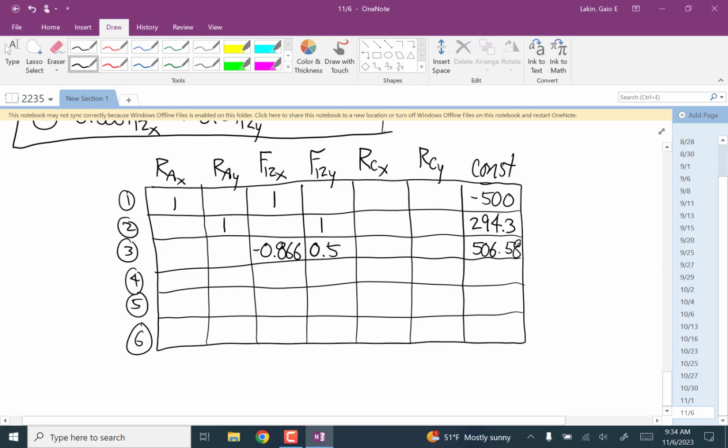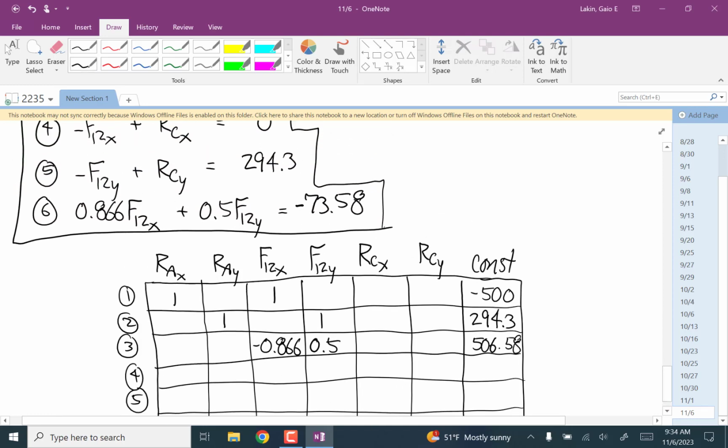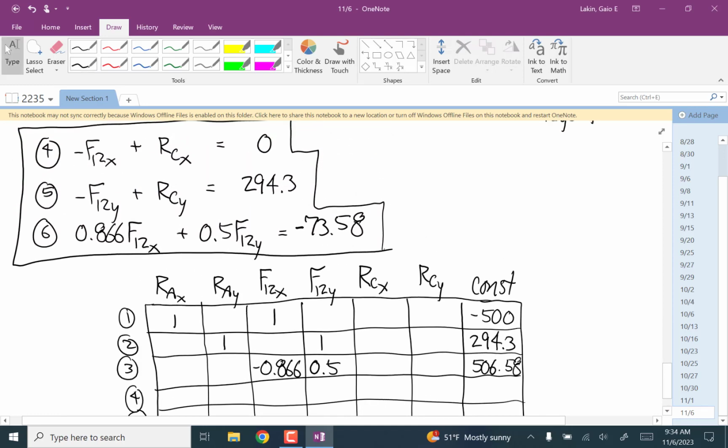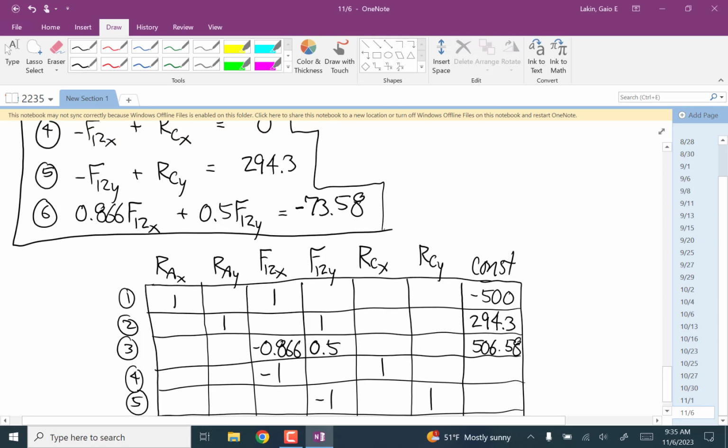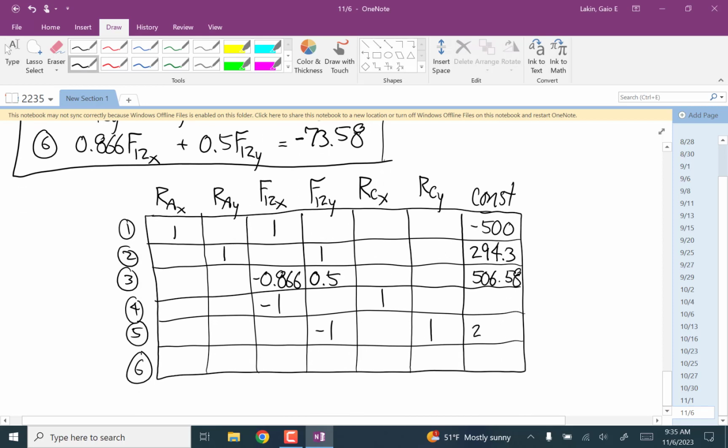All right, equation 4. F12x, we got negative 1. RCX, we got 1. No constants. Equation 5, F12y, we got negative 1. 1 for RCY, and then 294.3.